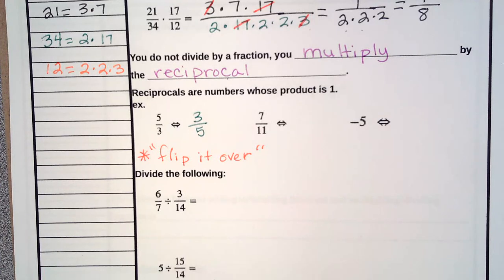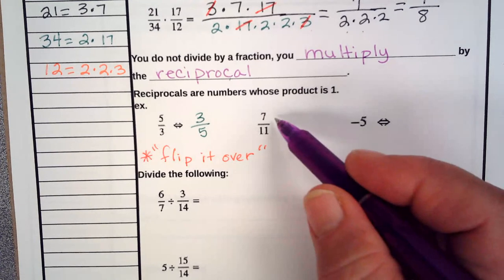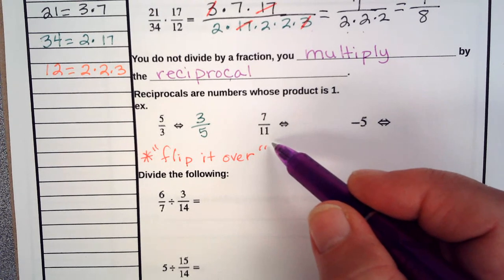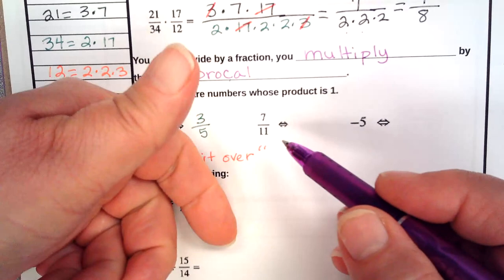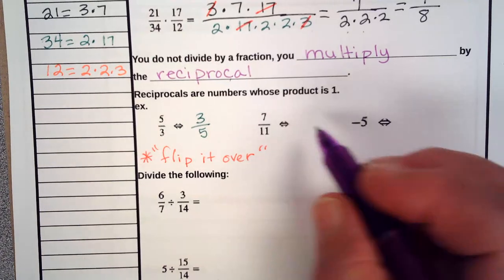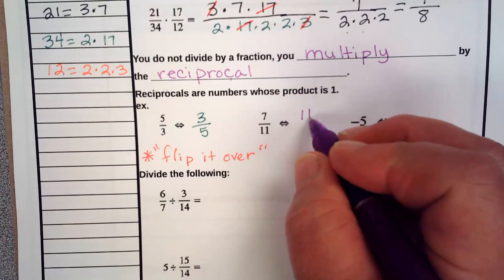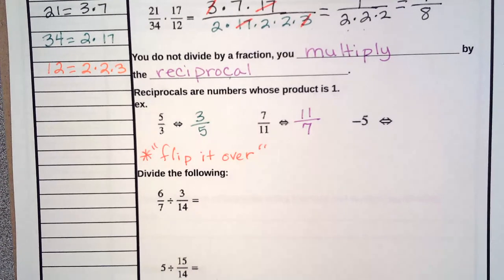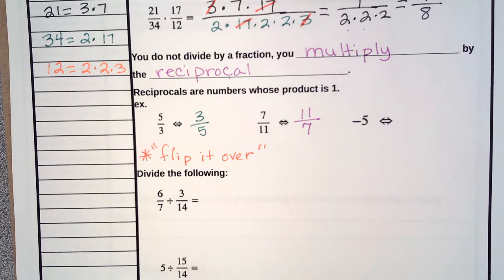Maybe they might call it, just say switch the places of whatever. Okay, for 7 over 11, I'm going to flip it over. The number on the bottom comes up to the top. That's 11. The number at the top goes to the bottom. 11 over 7.